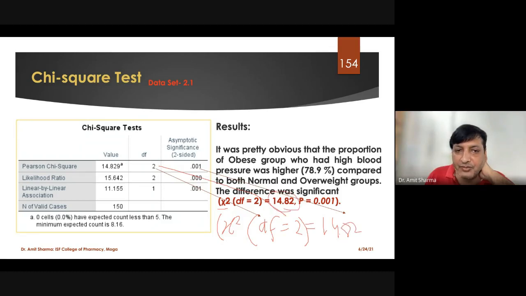This is the statistic, 14.82. I'm not going to take a third digit after the decimal, so we'll stick to only 2 digits after the decimal. 14.82, comma, p value is equal to 0.001. Whatever p value we have got, the same p value we are going to write.